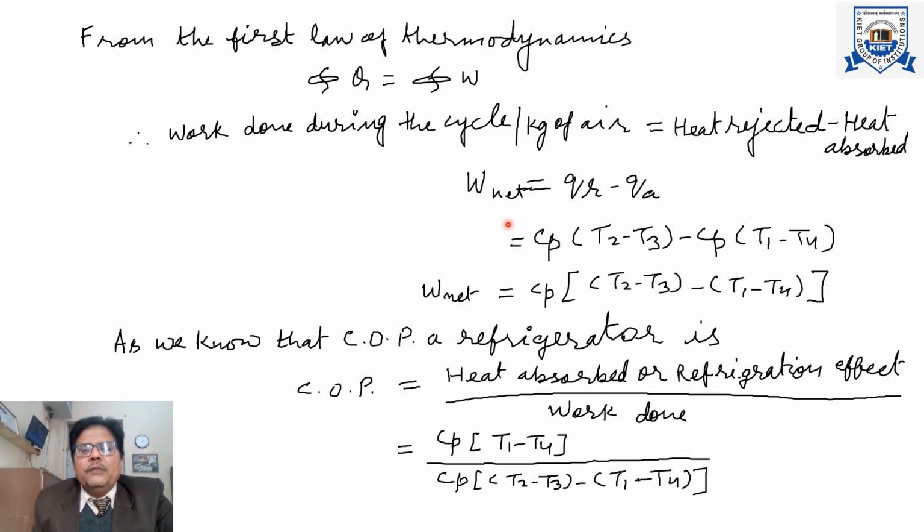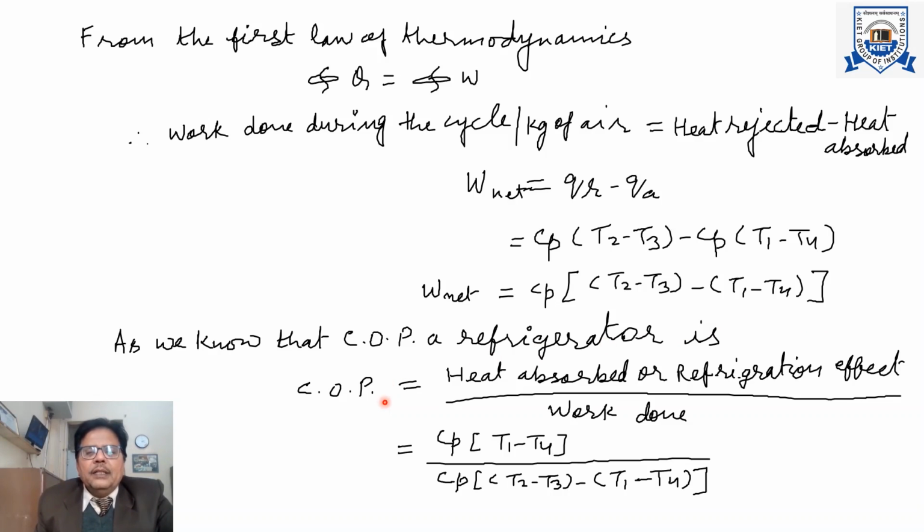So W net will be QR minus QA. We have calculated Q rejected as Cp (T2 minus T3), and heat absorbed as Cp (T1 minus T4). So from here we can evaluate the amount of work: Cp [(T2 minus T3) minus (T1 minus T4)].